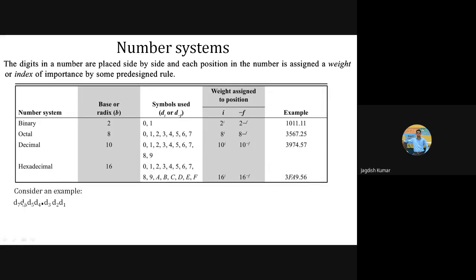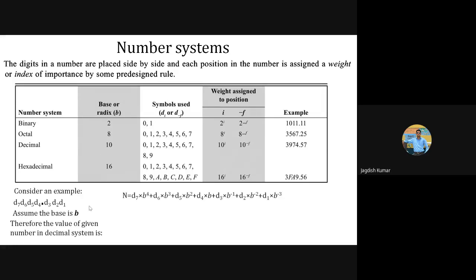For this digit D6, the weight is base raised to the power 2, and so on. Similarly, for digit D3, the weight is base raised to the power -1. For digit D2, the weight is base raised to the power -2, and so on. Correct? So I hope that is what I already represented.